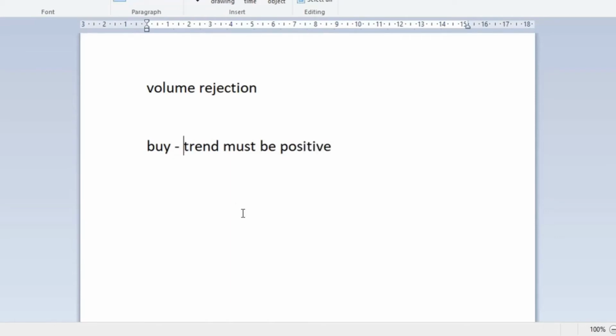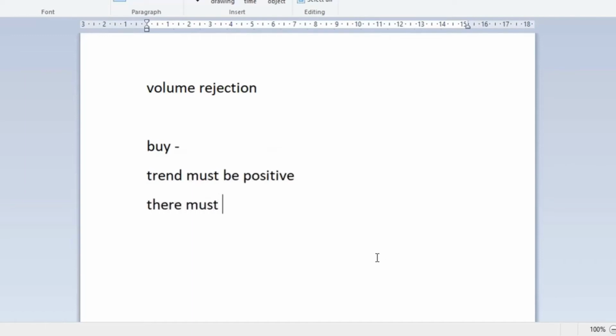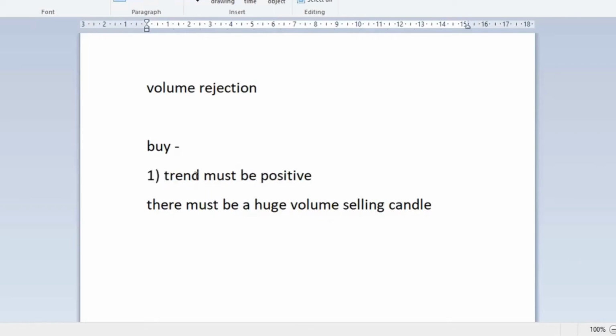Then there must be a huge volume selling candle, which usually means that people's stop losses are getting hunted or institutions are booking profit. So first thing is trend must be positive.